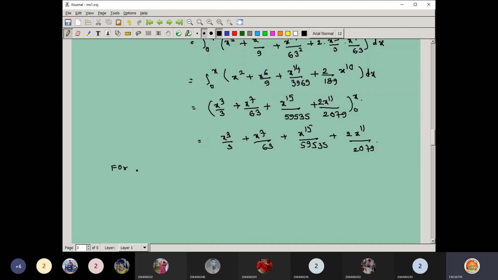So for x equal to 0.4, directly in the last answer you substitute. It is 0.4. You find out that value.